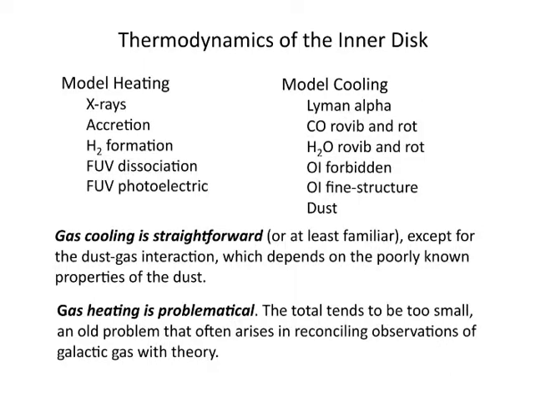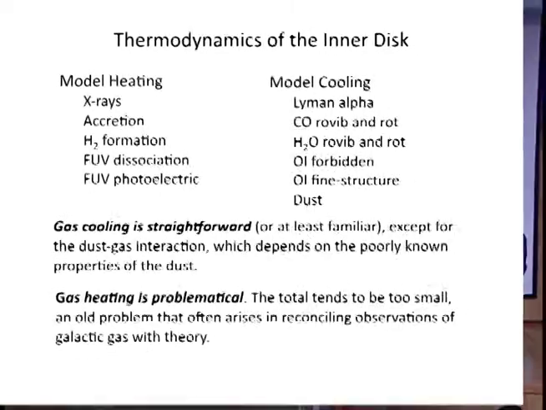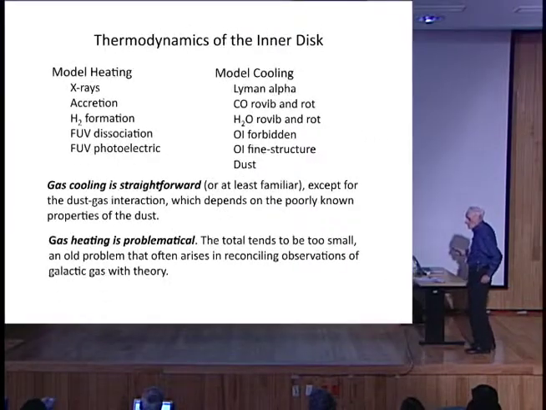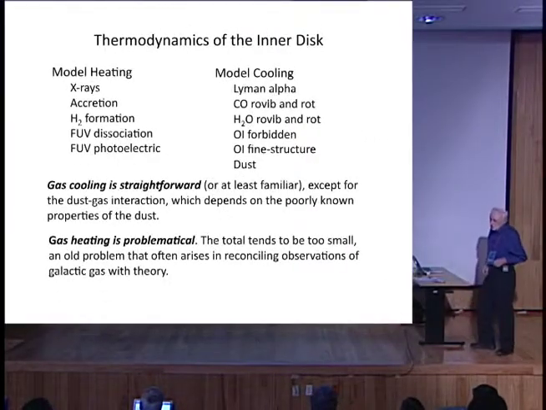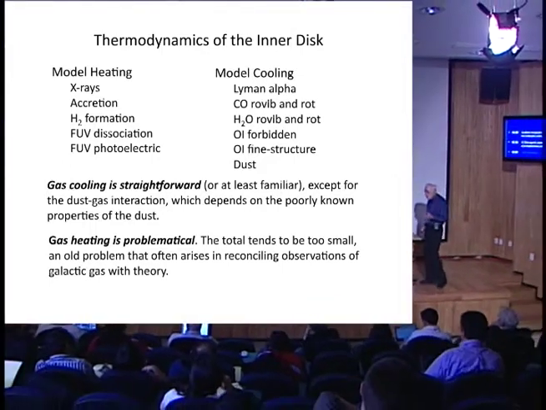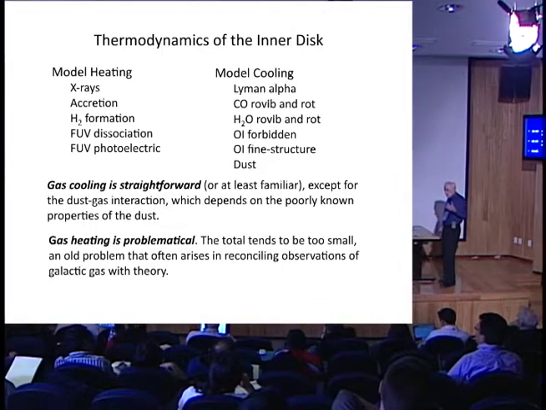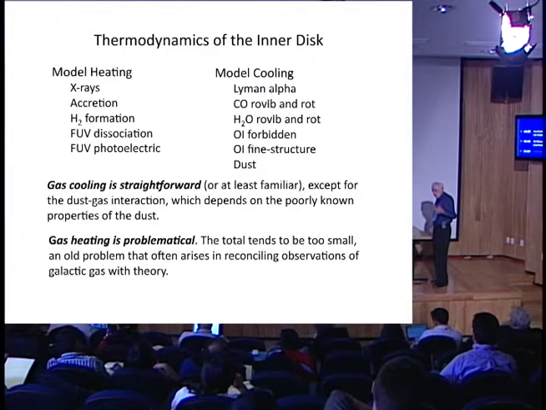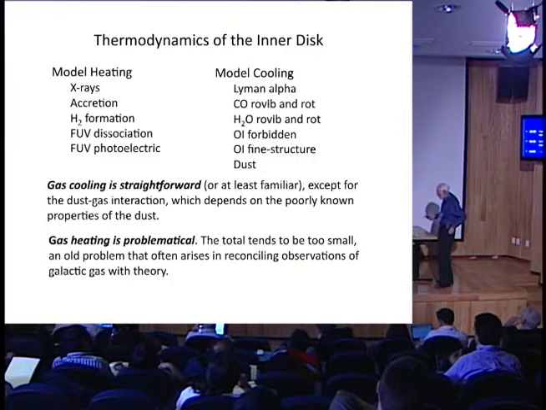Now, this list, of course, is incomplete. I just stopped after a while, but these are the most important ones. And as I say below, the cooling is the easy part, except for cooling that relates to dust, because then your ignorance about the dust enters and makes it uncertain. That's important here because we'll find that the gas interaction is a fundamental part of the thermodynamics.